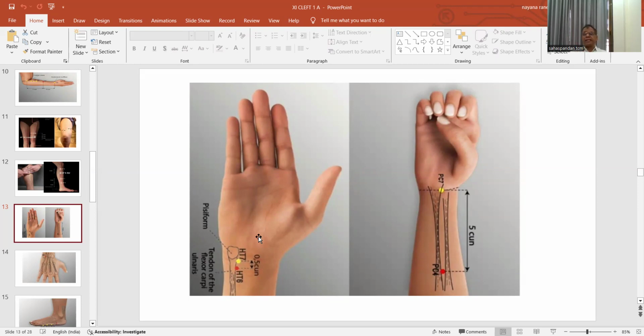In current practice, this point is most useful for acute heart pain.